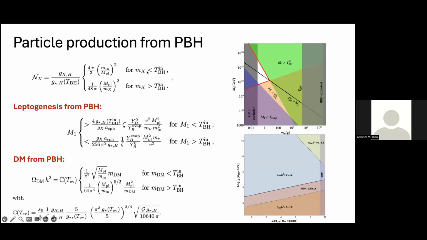If the mass is smaller than the instantaneous black hole temperature, the number density depends on the black hole mass. But if the mass is larger in comparison to the black hole temperature, the number density is inversely proportional to the mass of the particle. So if the mass is large, the number density will be smaller; if the mass is less, the number density will be larger. That's the kind of tuning you need to do.